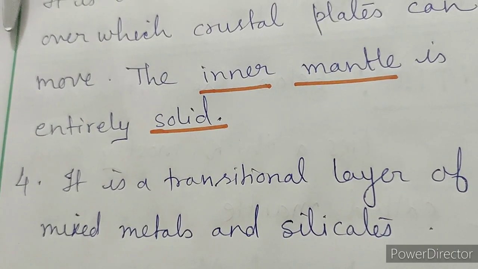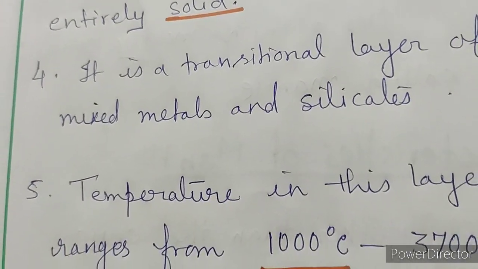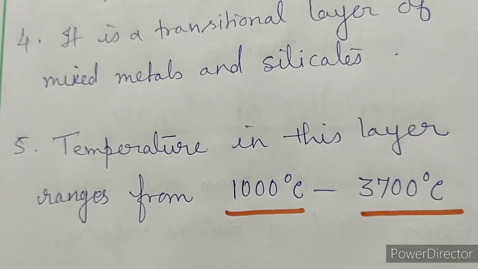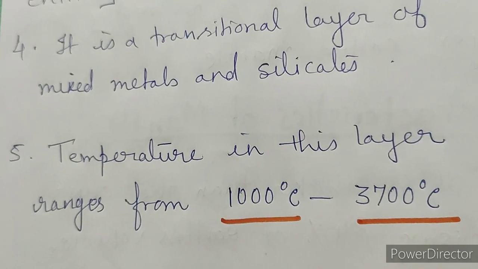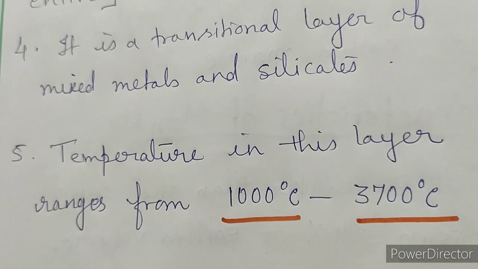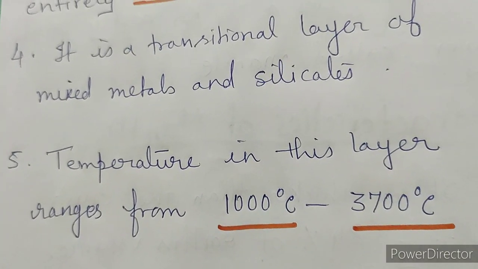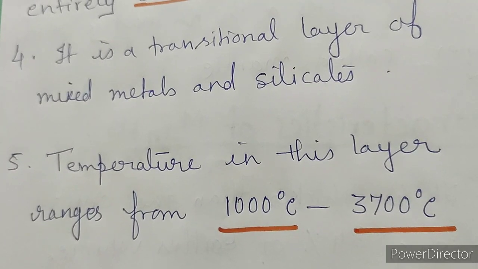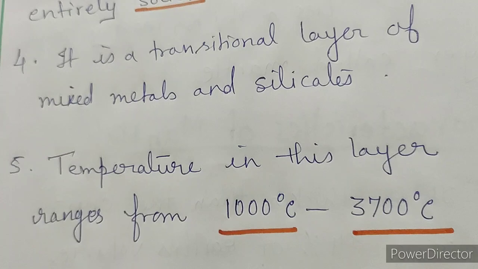There are more metals than these and some silicates. And what about the temperature of this layer? Temperature in this layer ranges from 1000 degrees centigrade to 3700 degrees centigrade.